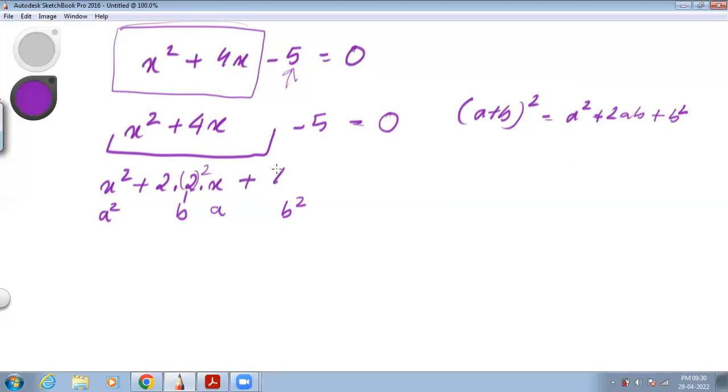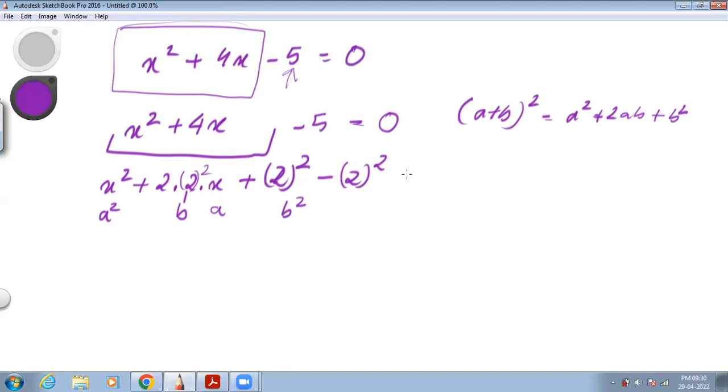So I need to add a 2 square here. Now I just cannot bring a constant from thin air, right? So therefore I need to subtract 2 square as well, isn't it? Because 2 square minus 2 square, that is 4 minus 4 is 0, and 0 is viable in an equation.